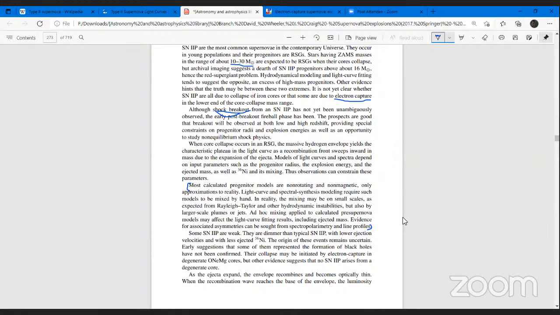Early suggestions say it might represent the formation of black holes, but there is no proper evidence for this. This collapse may be initiated by electron capture, only in degenerate oxygen-neon-magnesium cores. But other evidence suggests that no type 2P supernova arises from a degenerate core.